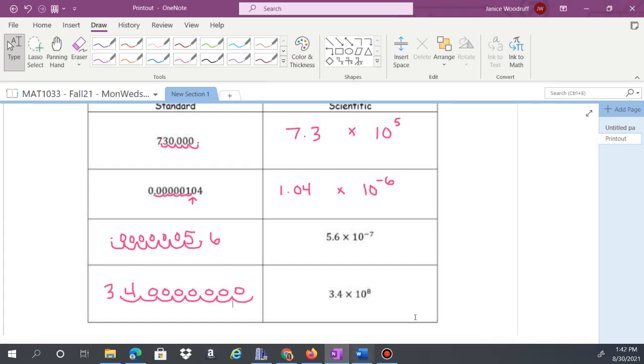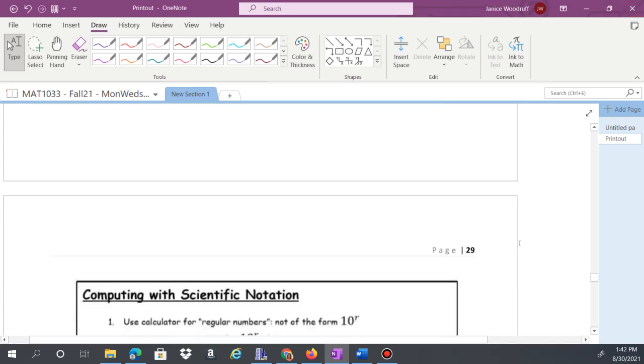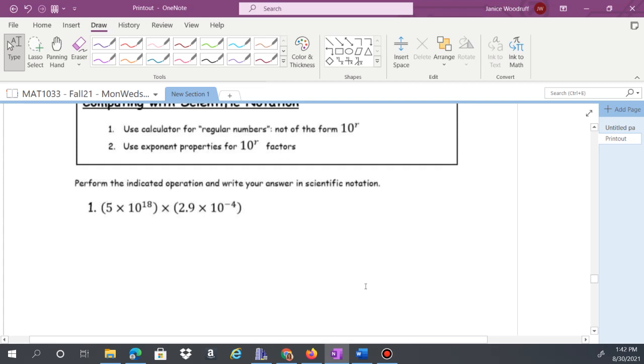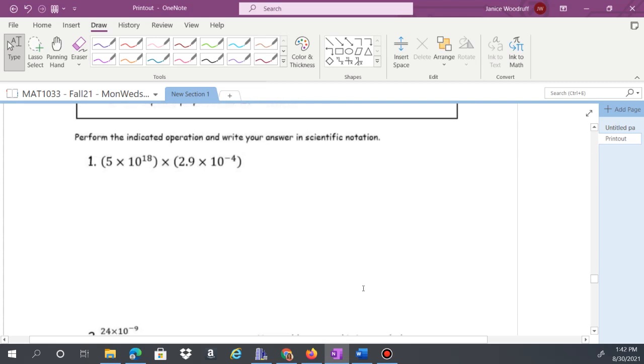All right, computing with scientific notation. If it's multiplication, multiply the numbers, add the exponents. If it's division, divide the numbers, subtract the exponents. So this one here, we would multiply 5 times 2.9.